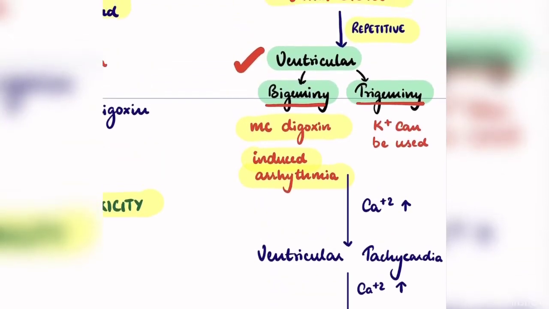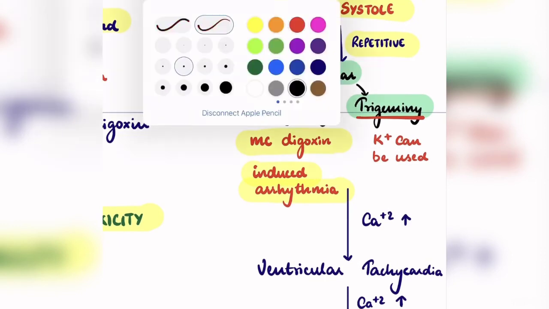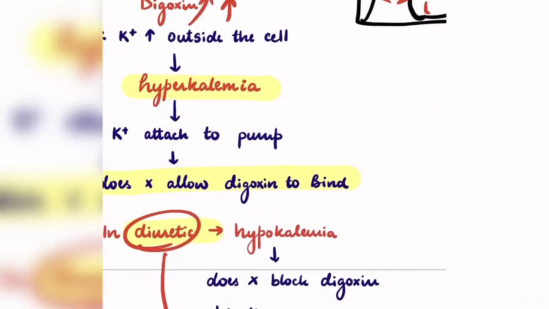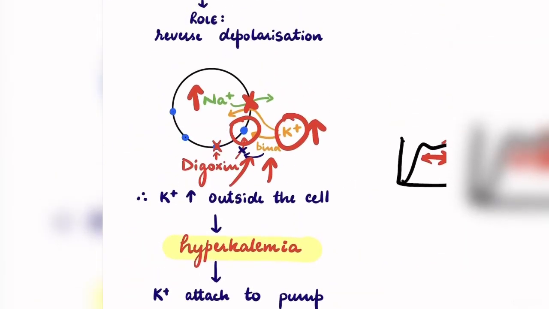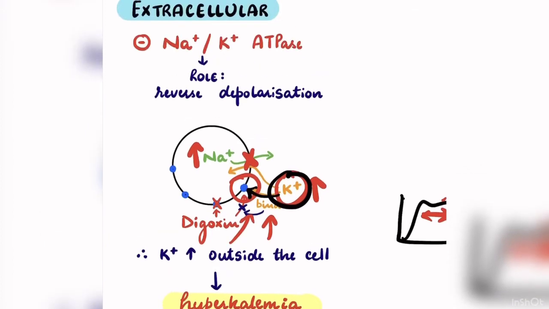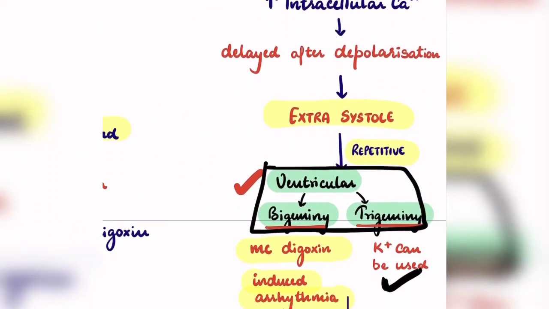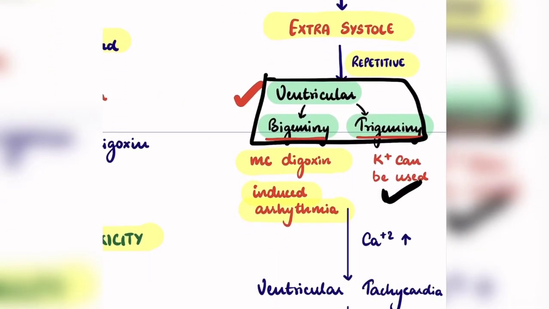Now there's one more important thing. To treat ventricular trigeminy and bigeminy, you can use potassium. Why? Since we already studied that potassium binds to these receptors, the sodium potassium ATPase, and prevents digoxin from binding further. So this way potassium prevents digoxin toxicity.